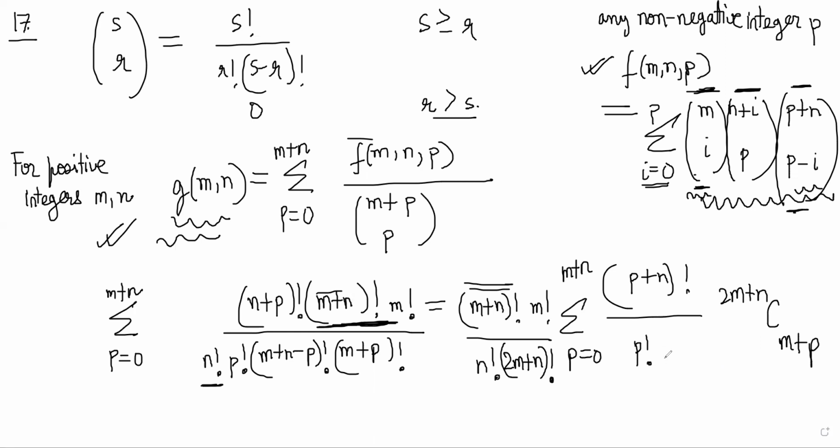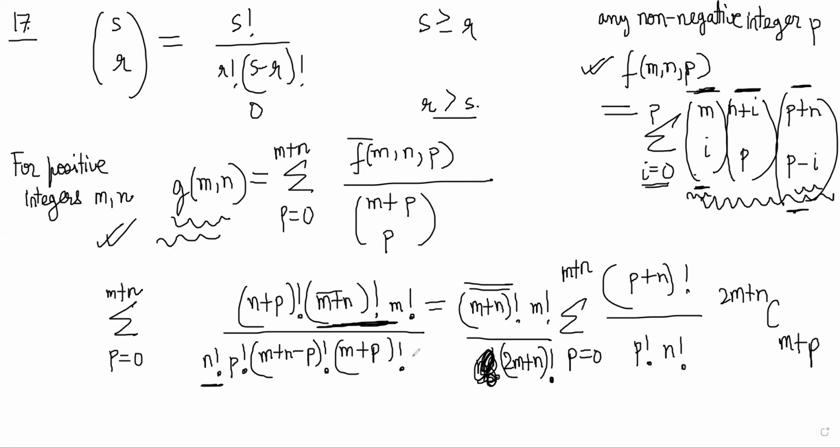Now, if I had an n factorial here, it would have been nice, right? I would get P plus n C n, or P plus n C P, whatever. So I'll bring this inside because taking it outside doesn't help us much. So this becomes P plus n C P, or C n, whatever you want to call it.